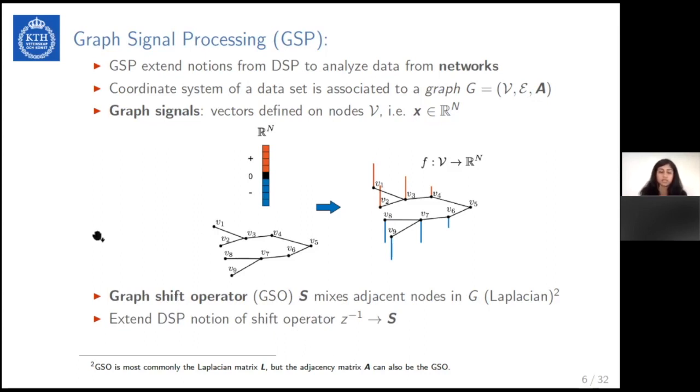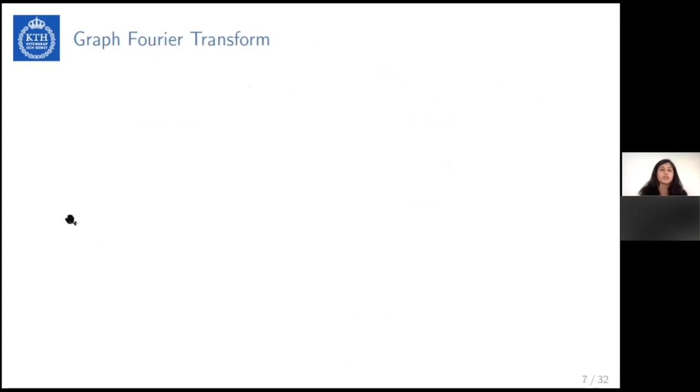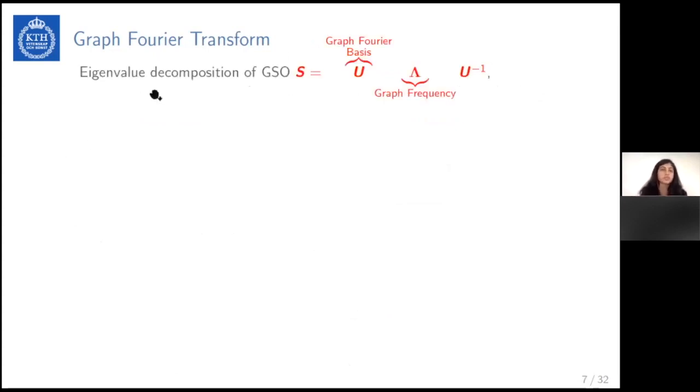And now that we have defined what a graph signal is and what a graph shift operator is, what is the graph Fourier transform? Once we perform an eigenvalue decomposition of this GSO, or the graph shift operator, the eigenvectors form the graph Fourier basis and the eigenvalues are called the graph frequency.